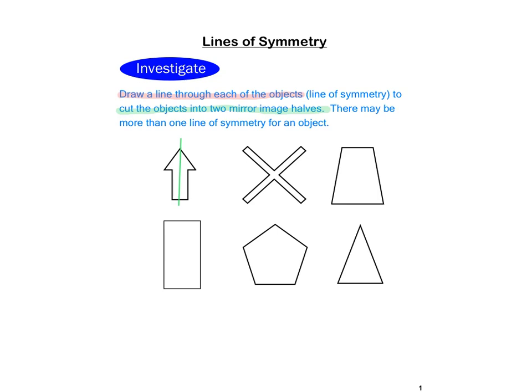Okay, cool. Then let's go on to the X. The X, can we draw a line of symmetry? Sure we can. That line of symmetry would be like right here. There's a line of symmetry. Can we draw another line of symmetry?